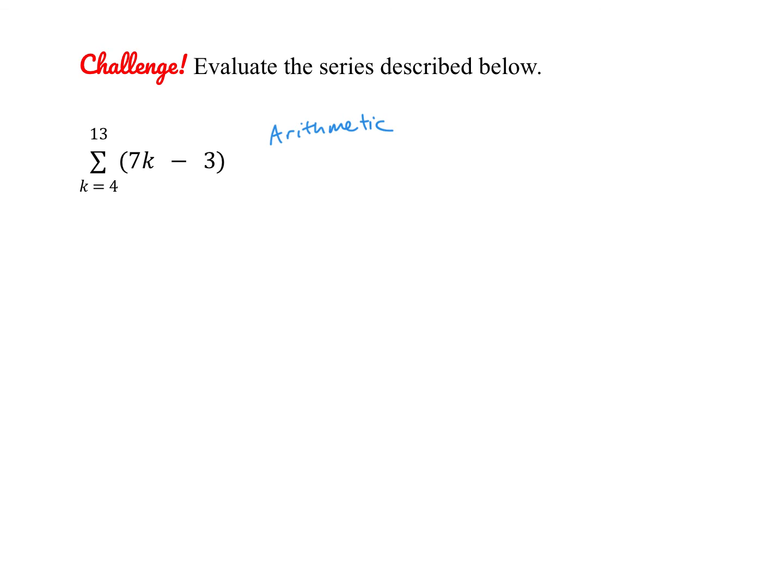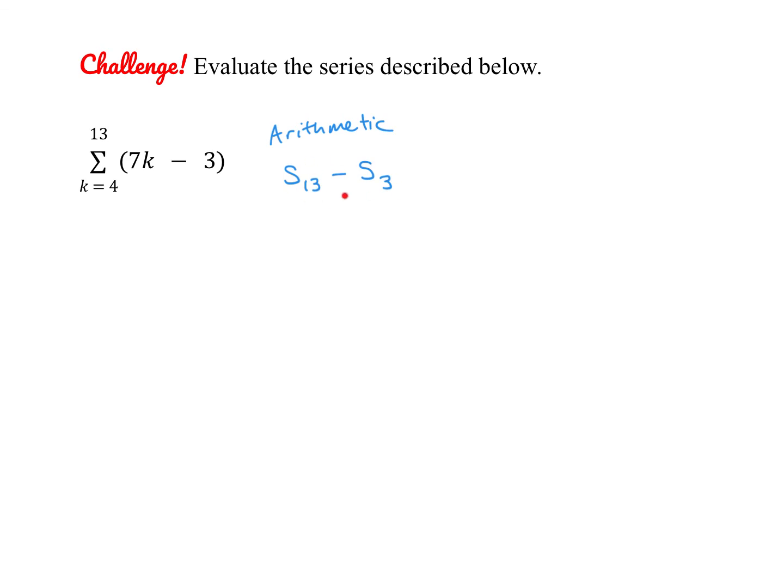Now here's the thing, the formula that we have learned for this arithmetic finite series only works for the sum of the first however many terms. So we have to do some strategizing here. If we only want the 4th through 13th term, what we're going to have to do is find the sum of the first 13 terms, and then we're going to have to subtract out the terms that we don't want, which would be the sum of the first 3 terms, because we want to start at the 4th, so we want to subtract out the first, second, and third term.